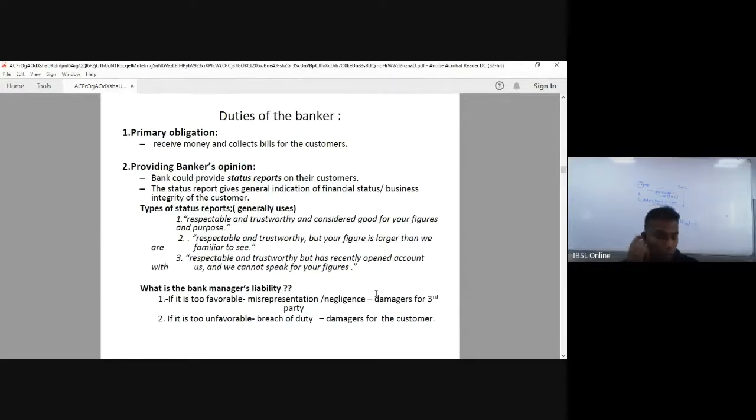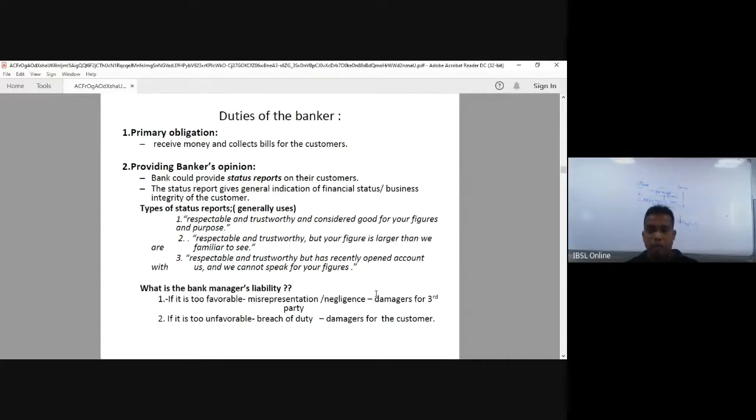I'm sure most of you are not familiar with banker's opinion. By my experience, when I ask this question of bankers, their answer is that banker's opinion means when, on the request of the customer, we are confirming the balances of the customer to third parties.